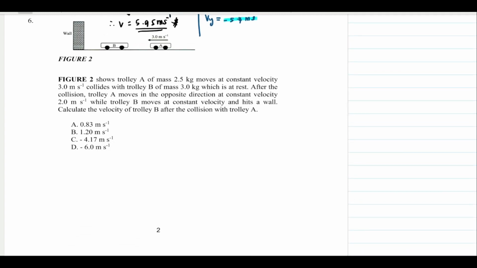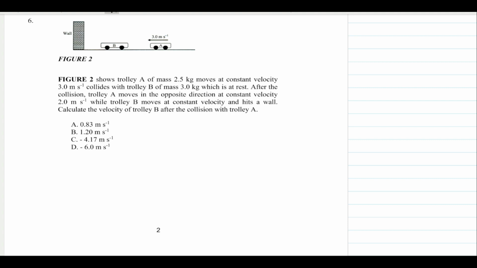Okay, figure 2 shows trolley A of mass 2.5 kg. Okay, sebelum tu saya padam dulu yang ini. Okay, and then trolley A move at constant velocity. Okay, collides with trolley B of mass 3 kg.